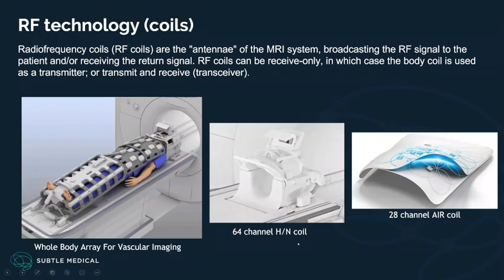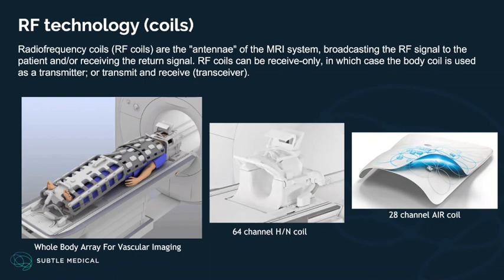This is a high channel count head and neck coil. It's very specific to the head and neck, but with a high receiver count. And an extremely innovative air coil, which has been introduced by GE, allows for much more lightweight coils, but performing at the same level as what the previous coils did.